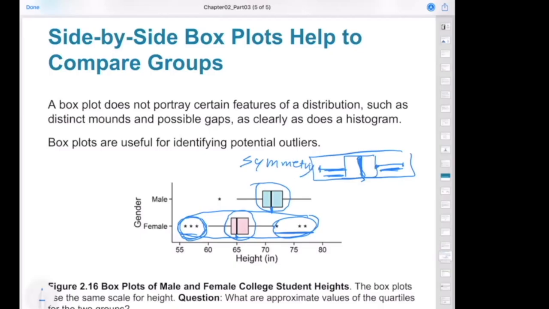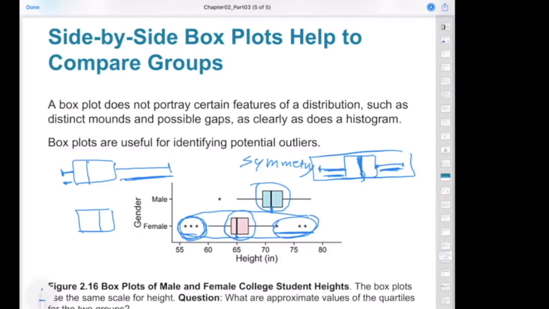But if you have something like this, the distribution is skewed to the right. Skewed to the right because the tail here, or the distance here, is longer than this tail. Same thing, of course, for skewed to the left; it will be like this.